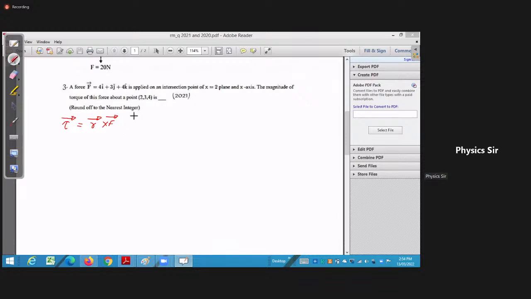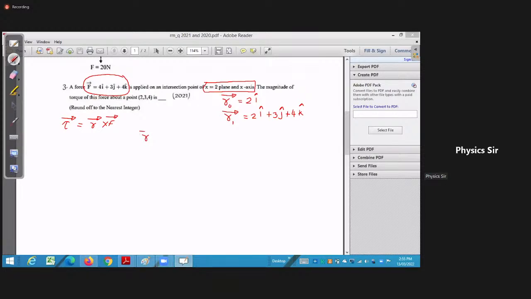I can use a determinant. So I know the force. Force is 4i plus 3j plus 4k. It is acting at the intersection point of x equals 2 plane and x-axis. It means its initial position is 2i cap, right? And what is its final position? Let me say its final position is r1. This is 2, 3, 4, meaning 2i plus 3j plus 4k.